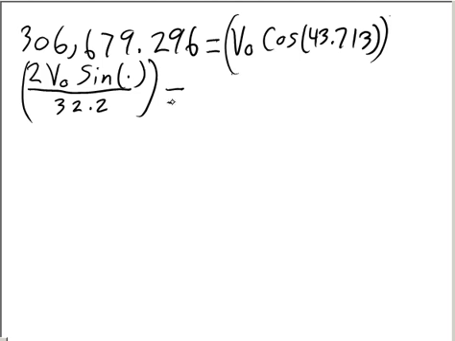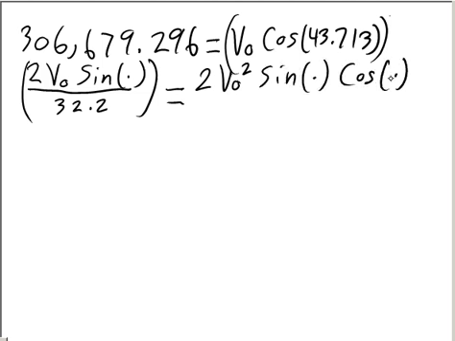Distributing this, we get 2 v naught squared sine of that angle times cosine of that angle all over 32.2.